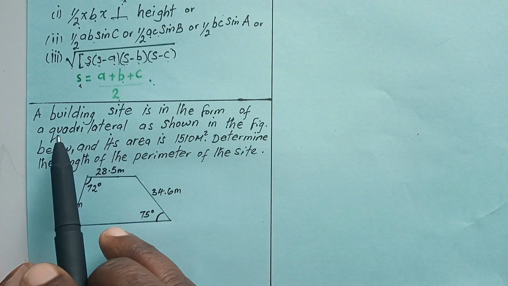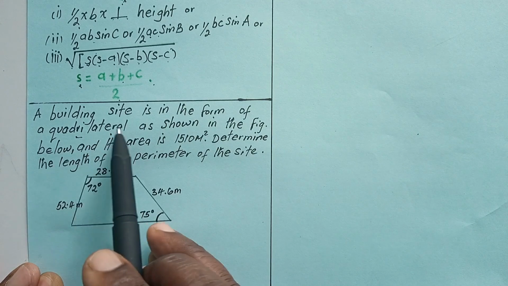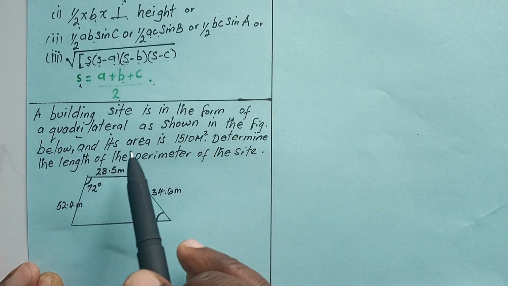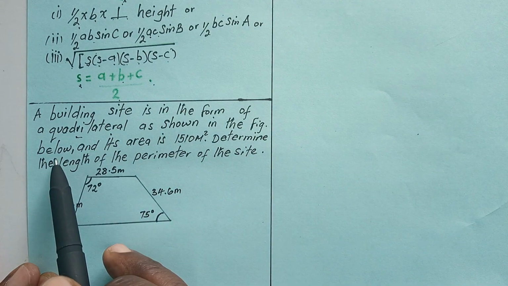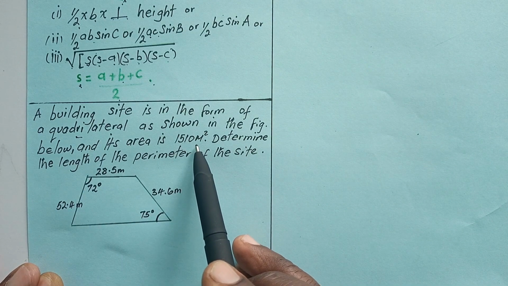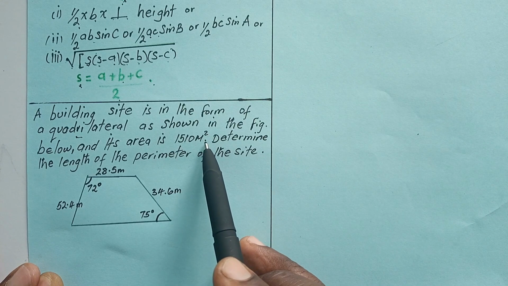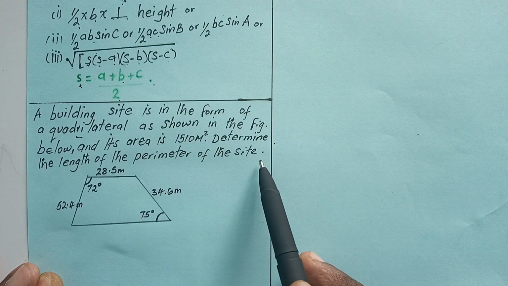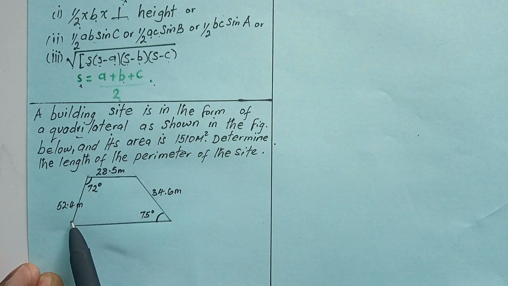Now a quadrilateral is a four-sided figure, shown in the figure below, and its area is 1,510 meter square. Determine the length of the perimeter of the site. Now this is our quadrilateral.